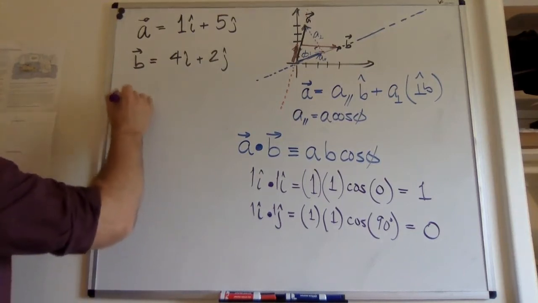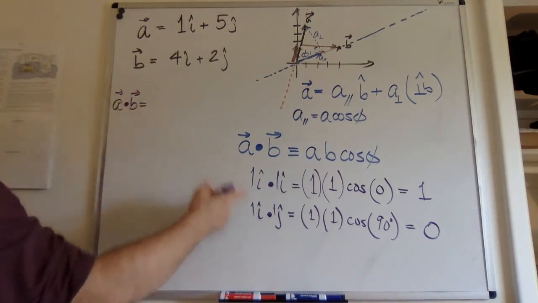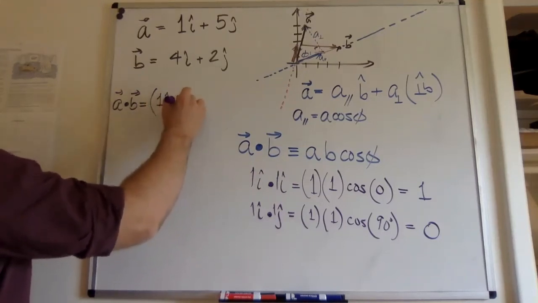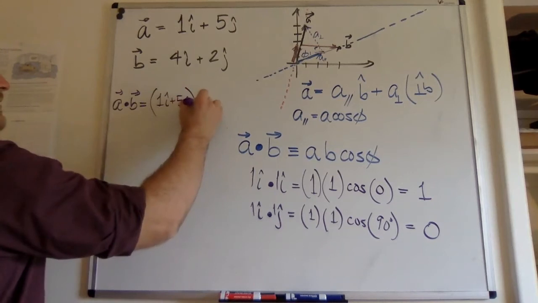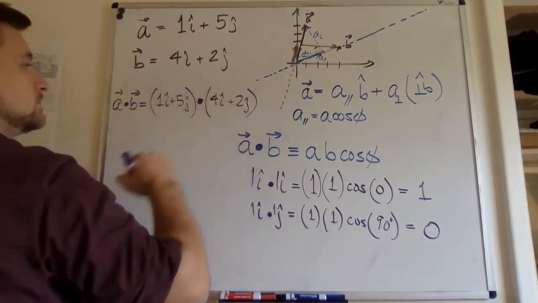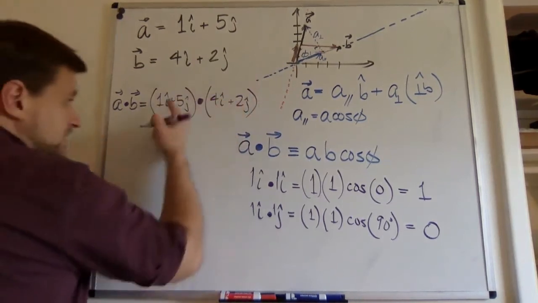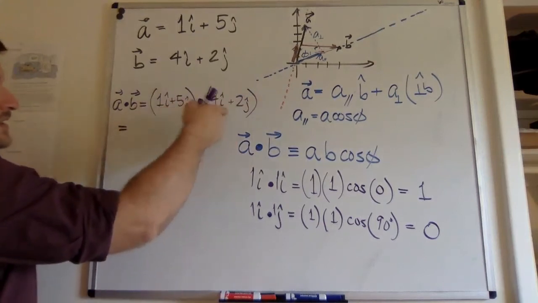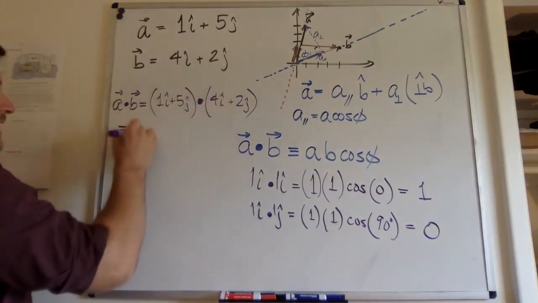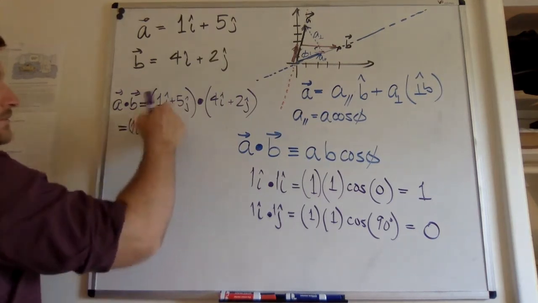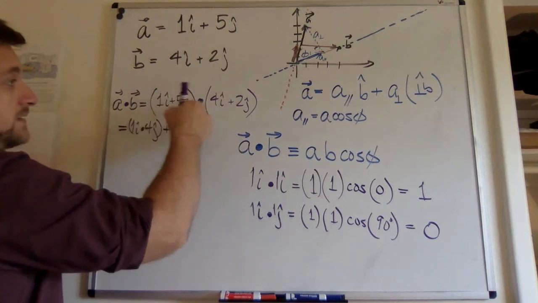A dot B equals, just kind of like we did for addition, 1i plus 5j dot 4i plus 2j. If this goes like any other thing we've ever seen, we can distribute across the dot into the other one. That's 1i dot 4i, like foiling, right? 1i dot 2j.